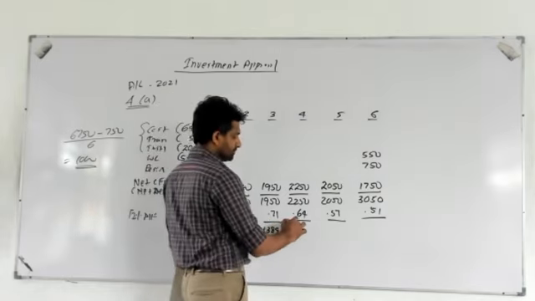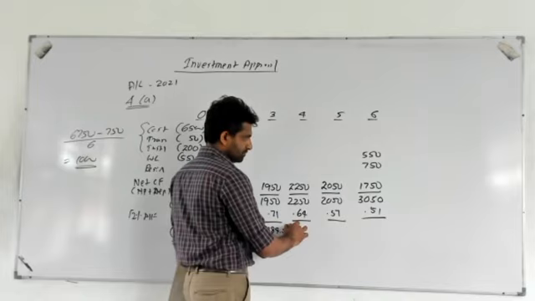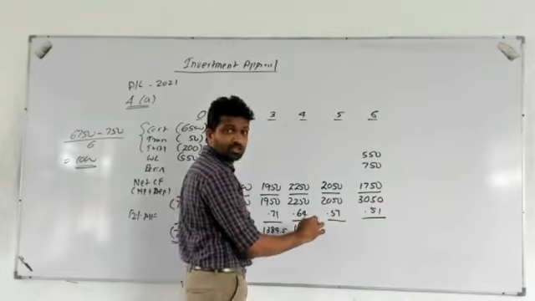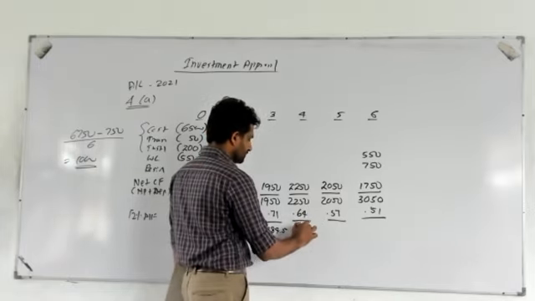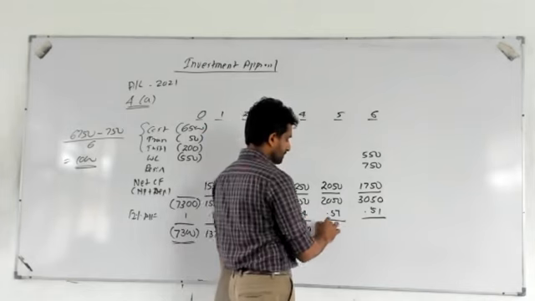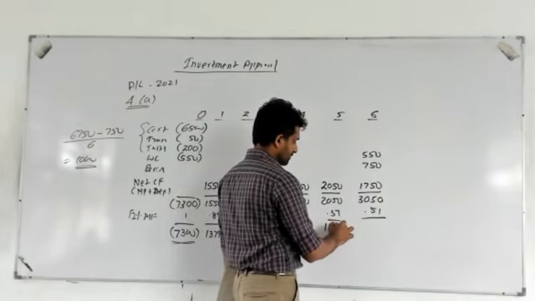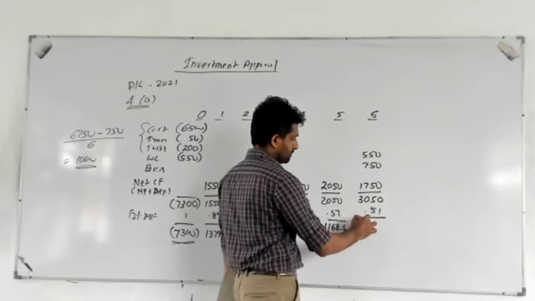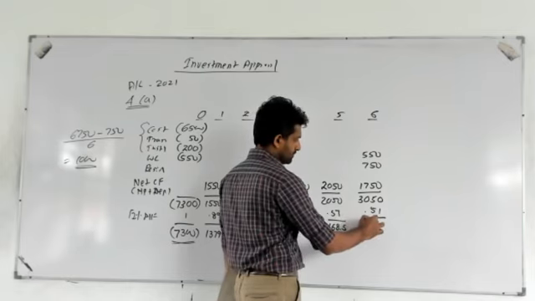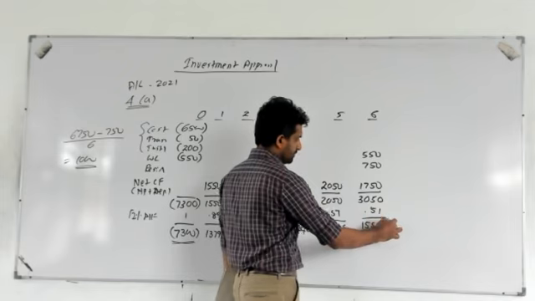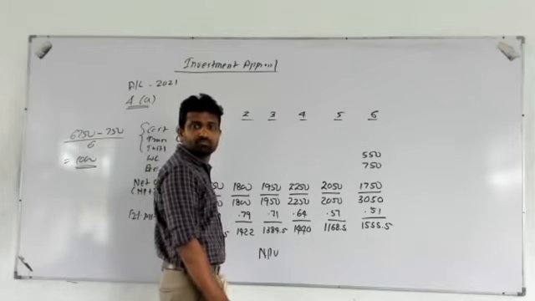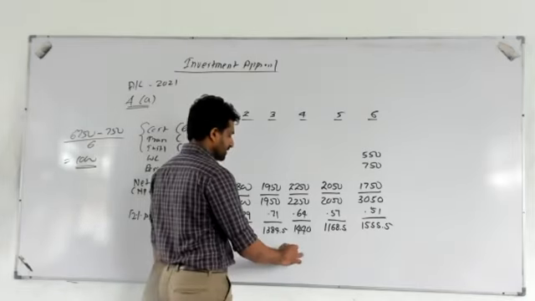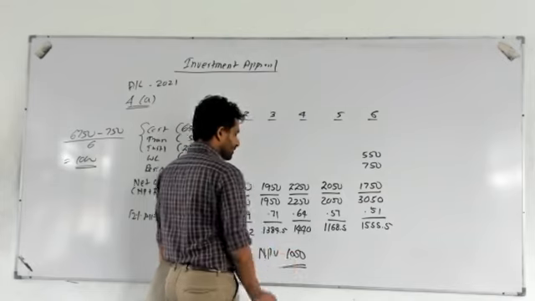Here 1,440. 1,168.5. 1,555.5. NPV is 1,050. Clear doubt, right?